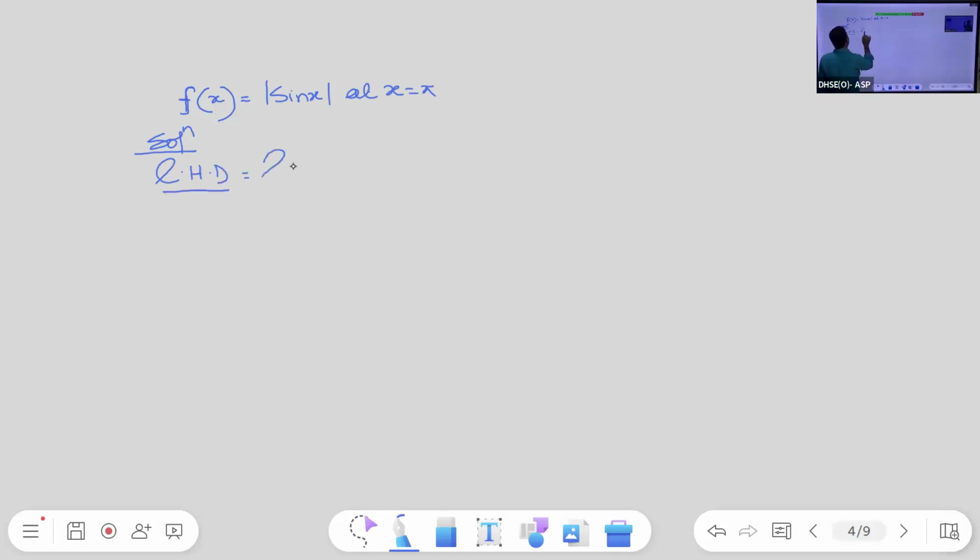LSD is equal to limit h tending towards 0, f of a minus h, that is f of pi minus h, minus f of a, that is f of pi, divided by minus h. This is the left-hand derivative. What is f of x? f of x is equal to mod of sin x.